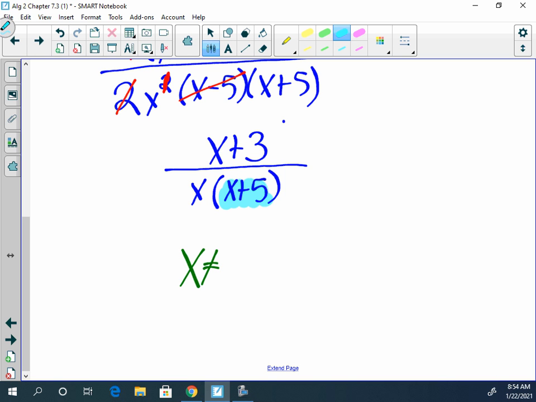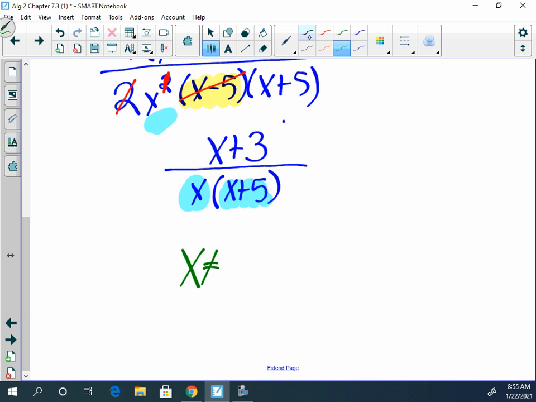Well, so 0 because of this here, right? Is that still listed there? Because if this x is 0, well, that makes the whole denominator 0, yes? So what's the only thing that's not listed here that was up here? The x minus 5, yes?